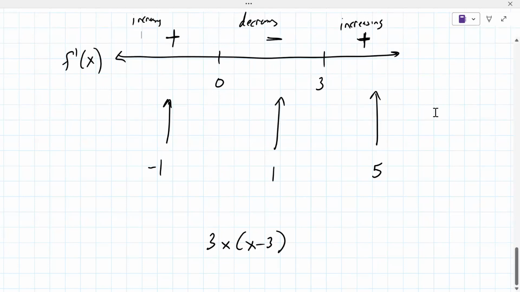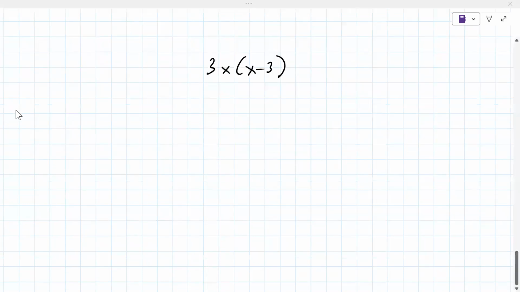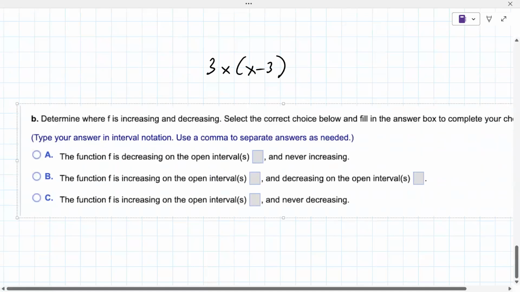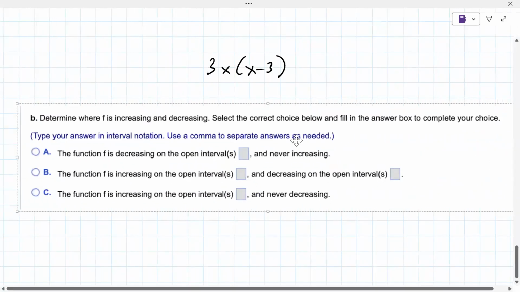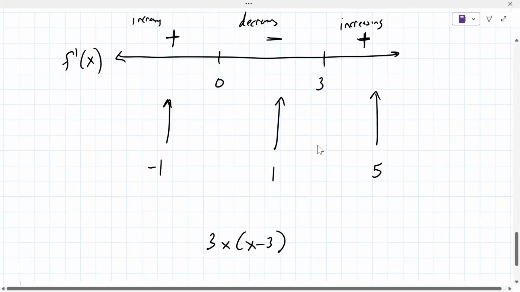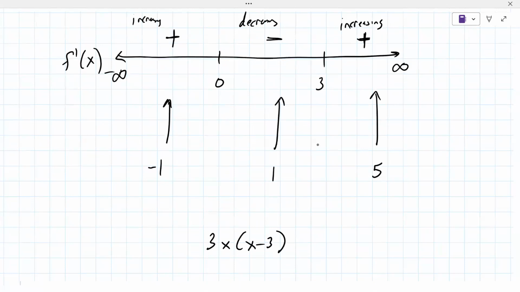So in terms of how to answer, there are so many bubbles. It's like, what do we fill in? So it is increasing and it is decreasing. That's B. It's increasing, and this function goes from -infinity to infinity.